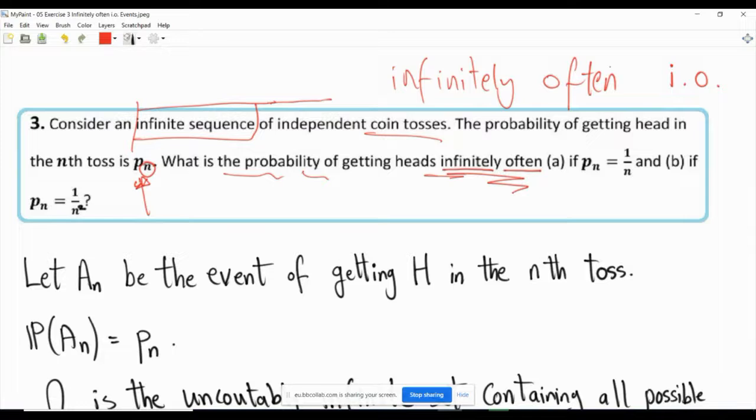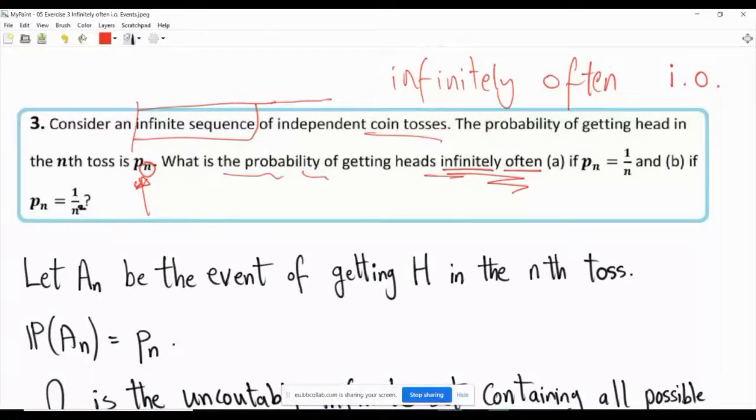So if you have not seen this before, maybe this will be the last part of the lecture. Let's talk about what it actually means to say the probability of something infinitely often, because this is not just a word, it's a technical expression with a certain meaning.